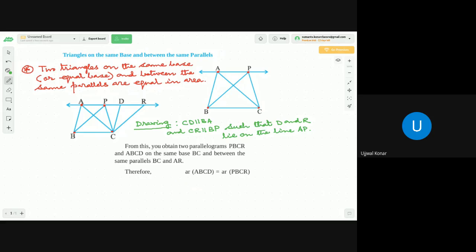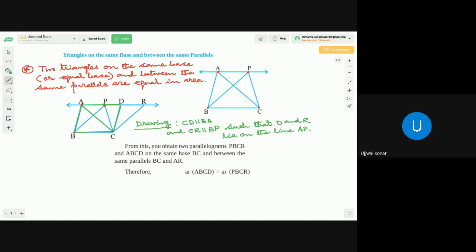If I overlay this, this is the parallelogram ABCD, and you see that AC is the diagonal. Can you say something about these two triangles?